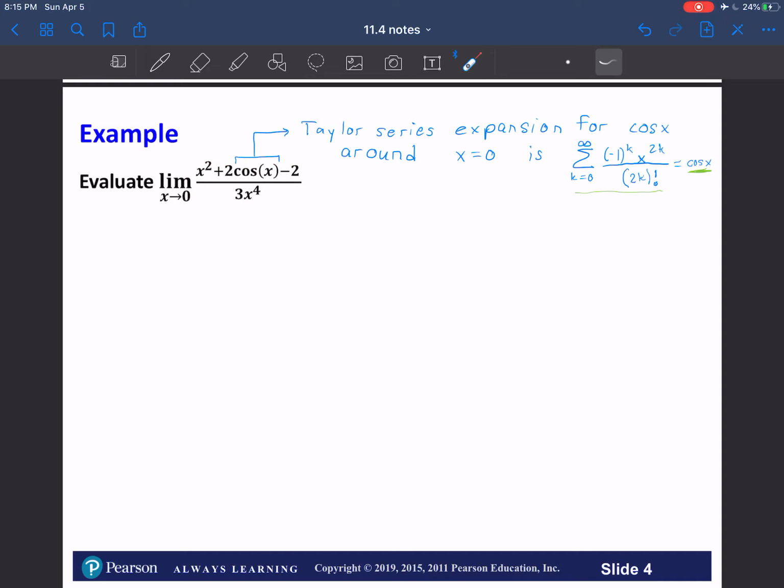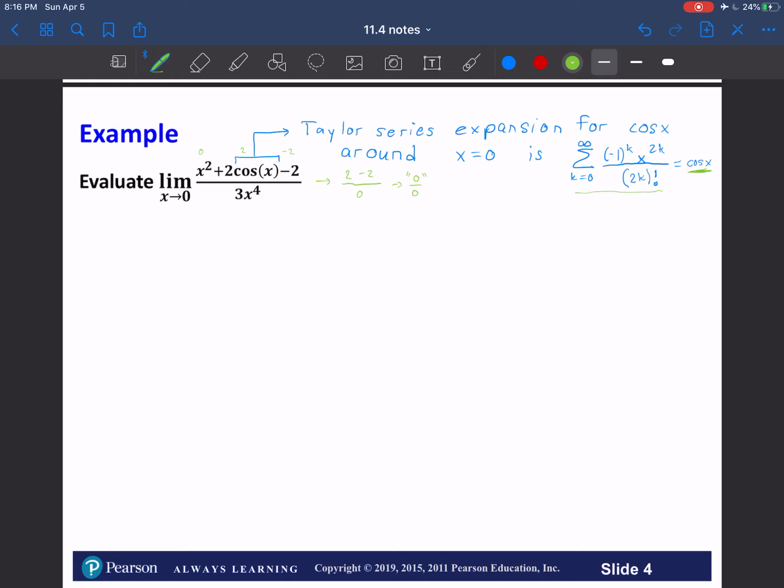So first of all, if you were to just straight up plug in 0, then what you would end up getting is 0 from this x squared, plus 2 from the 2 times cosine of x, minus 2 from this guy. And then on the bottom, you would just get 0. So this is a 0 over 0 indeterminate form.